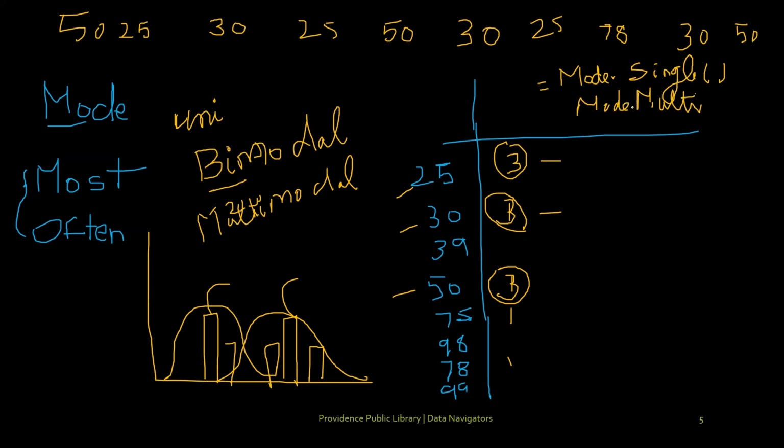Don't worry, we'll deal with all this in our Excel workbook. Just grab and put everything in this function. It will result like this. It will tell, hey, in this data set, you have 25, you have 30, and you have 50. Like that, it will tell with MODE.MULT. So we have a function called mode.